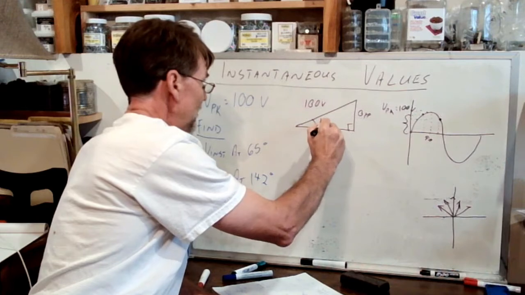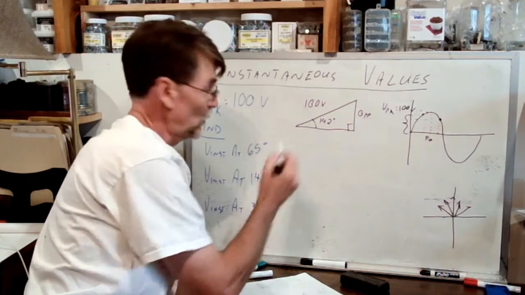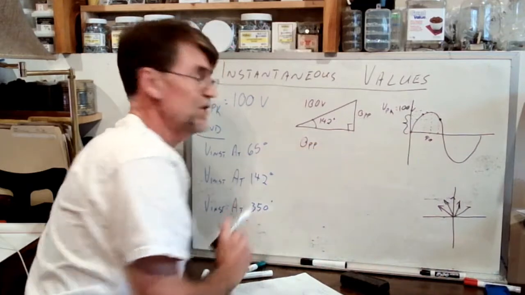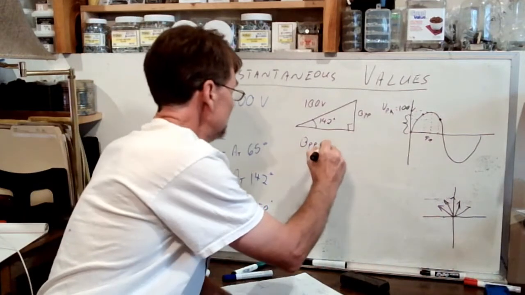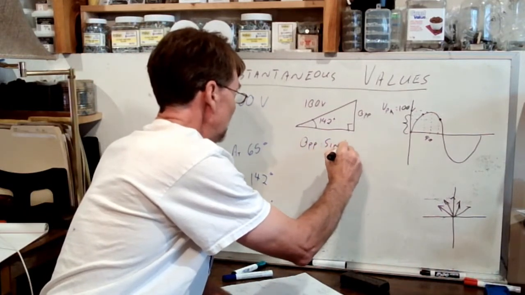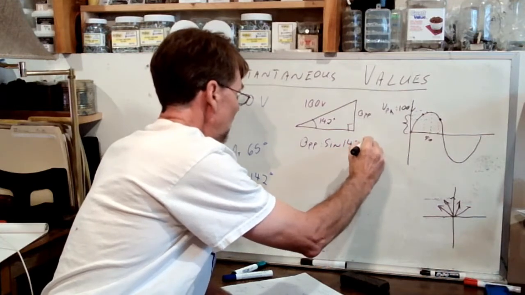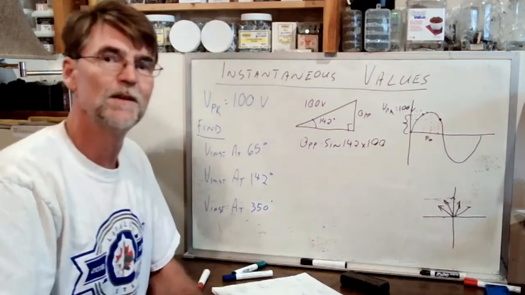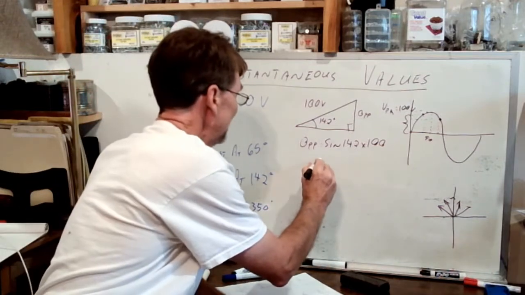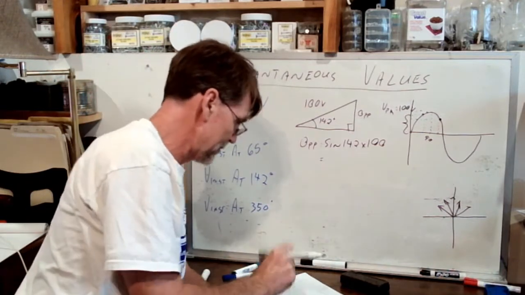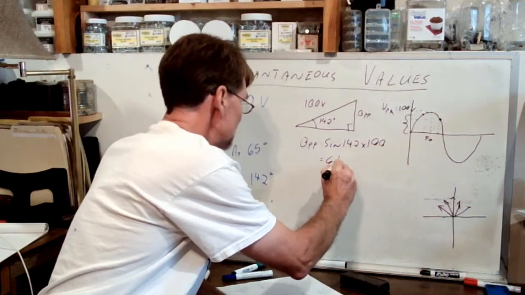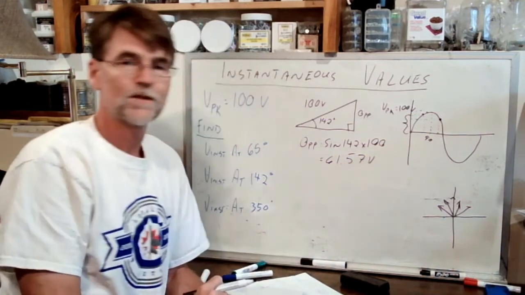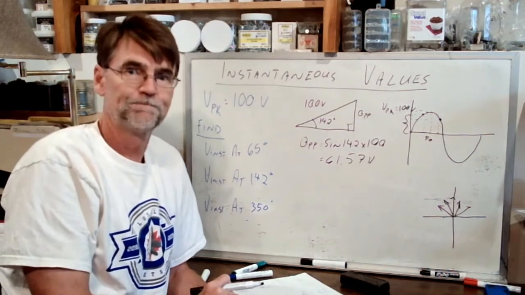So the opposite, which is instantaneous voltage, is equal to the sine of 142 degrees times 100 volts. We just plunk the numbers into the equation and our calculator spits out 61.57 volts. And we're done. Move on.